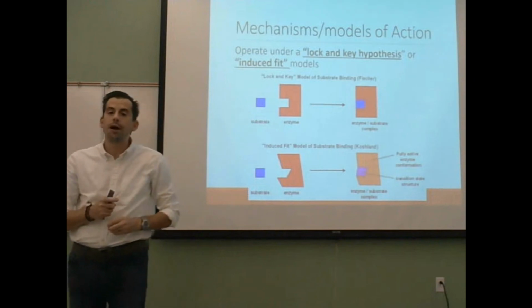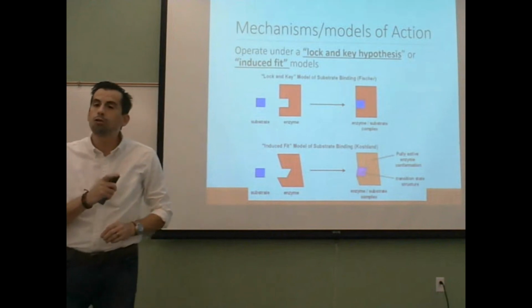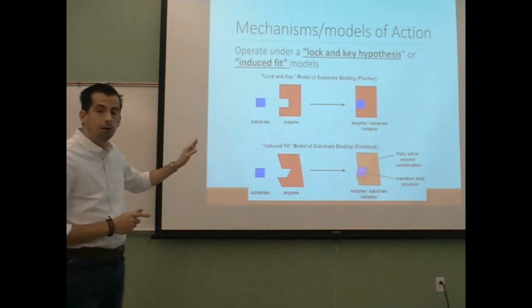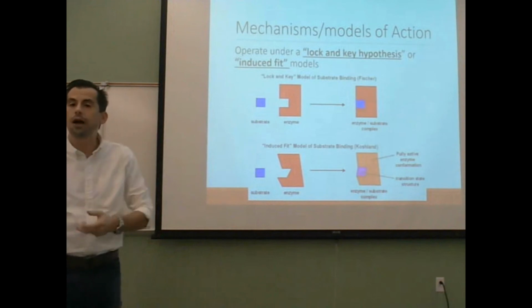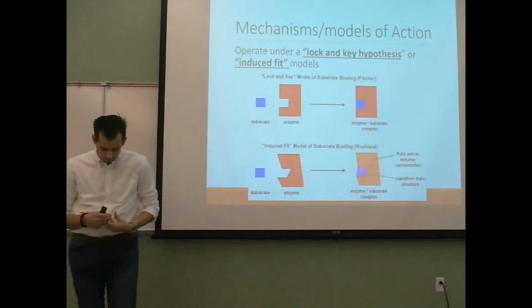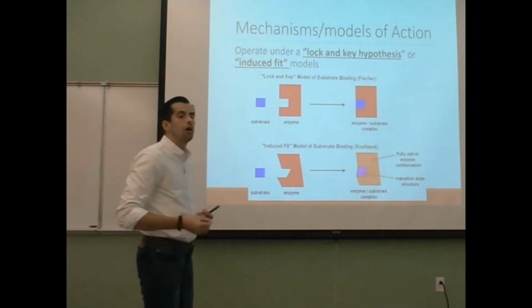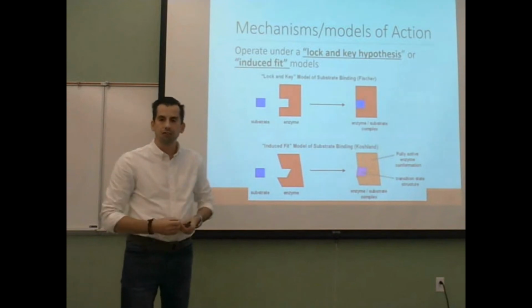But we can also describe that reaction using the induced fit model. Both of these look at different aspects or different characteristics of any enzyme's mechanism. The lock and key hypothesis references an enzyme's specificity.